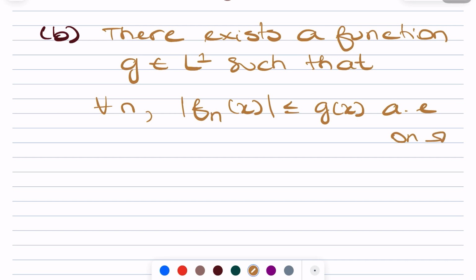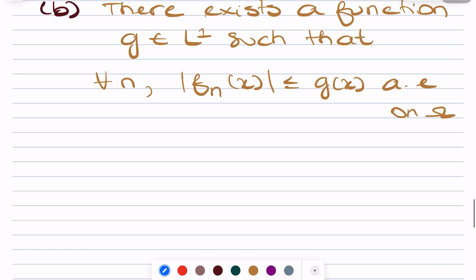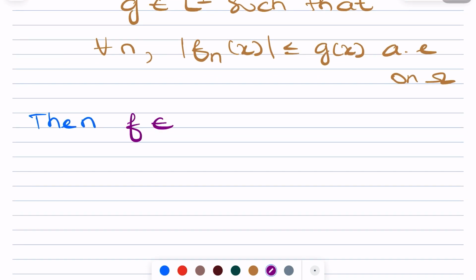Then f is integrable, f is in L1, and you also have norm convergence of the sequence: the norm of Fn minus f actually goes to 0.